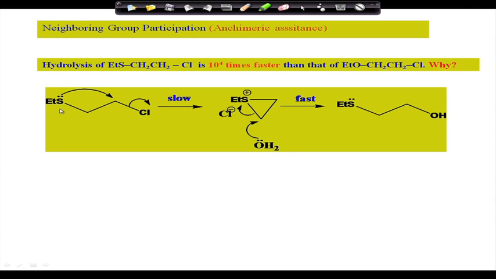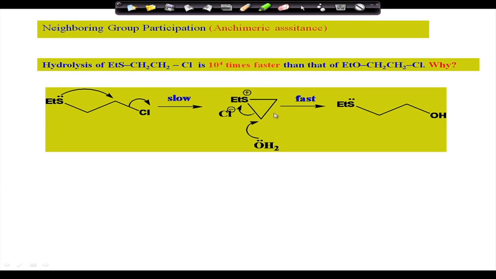Like if a nucleophile is already present in a molecule like this, the sulfur, and you are trying to kick out this chlorine with an external nucleophile, then before the external nucleophile comes, the sulfur attacks this carbon from the back side, and so you get this sulfonium ion, but this is not a stable compound.